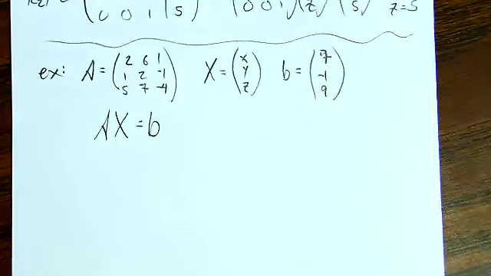You can set the A times X and see if you do indeed get the left-hand side. Set it equal to the B and see if you do indeed get the equations that we started with. We do.